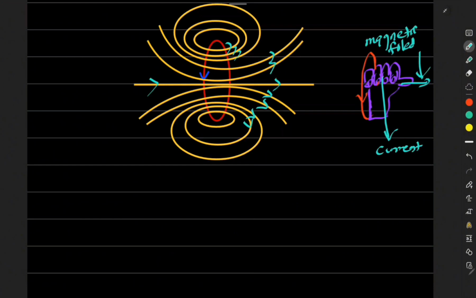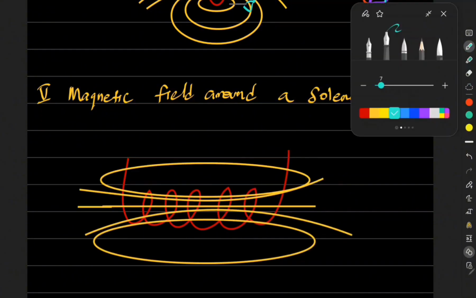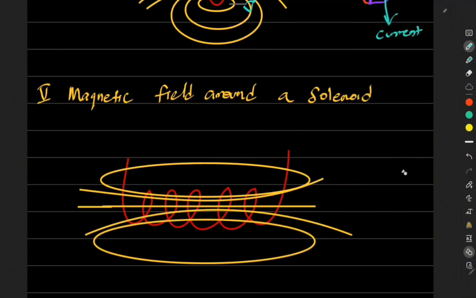The fifth and last one is the magnetic field around a solenoid. This is a solenoid and these are the magnetic field lines. If the current is traveling in this direction and coming out from this direction, how can we find the direction of the magnetic field in a solenoid?